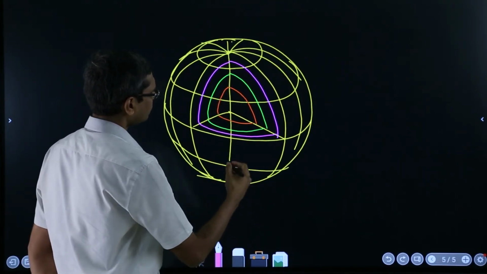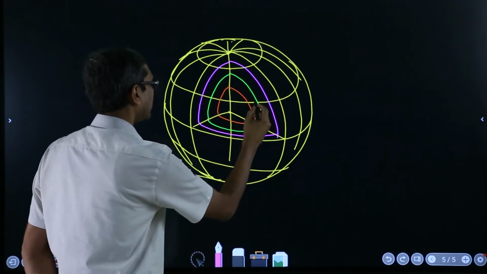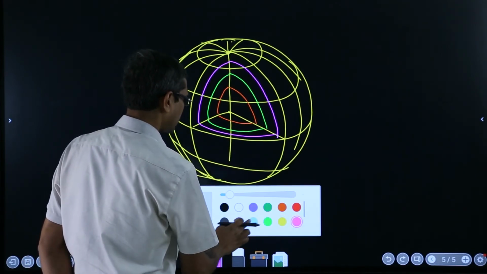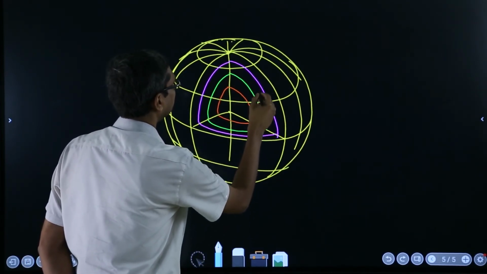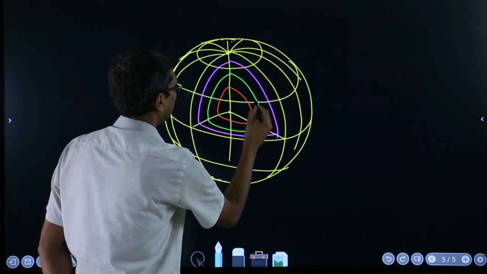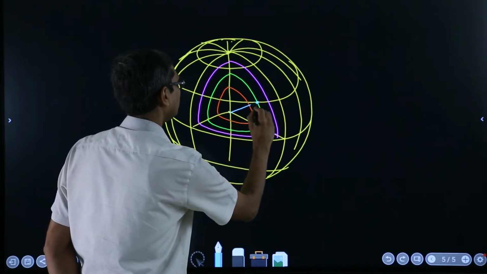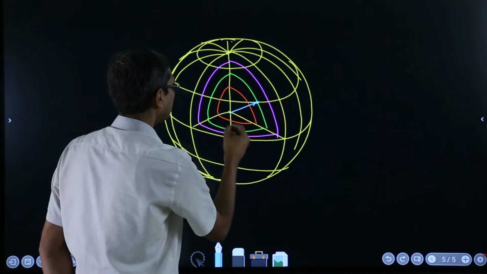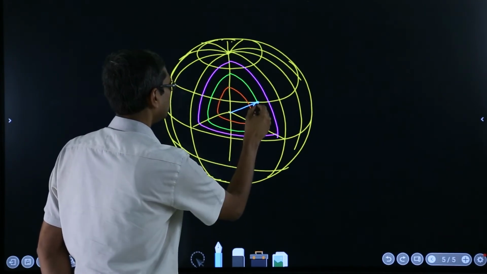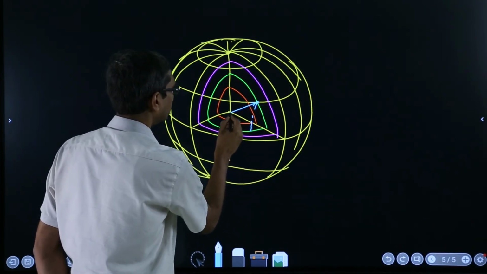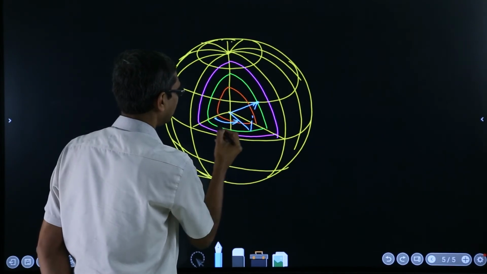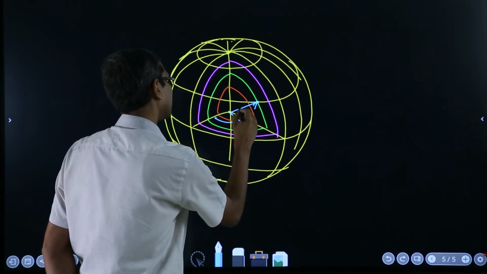And then suppose I come to a point like this, say here. Now this is the R value, and if I go to this xy plane, now this angle is theta and this angle is phi.